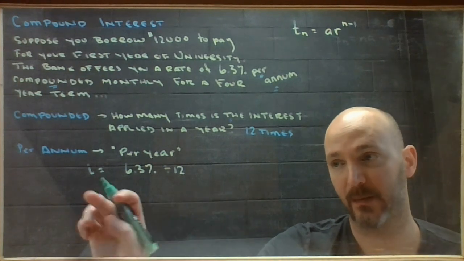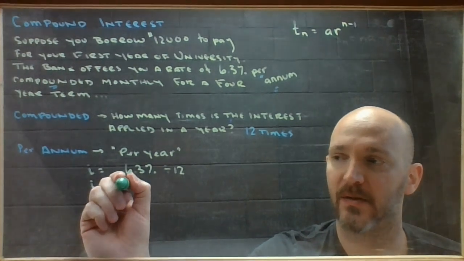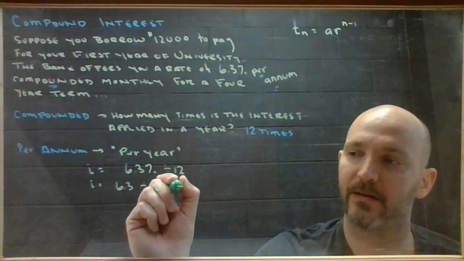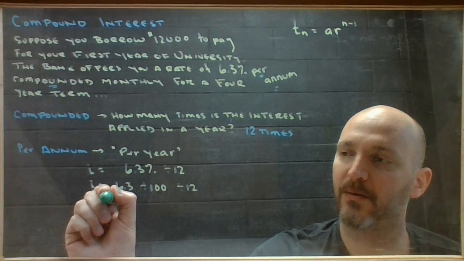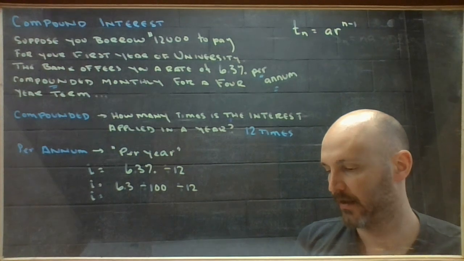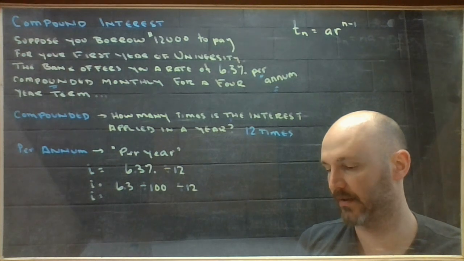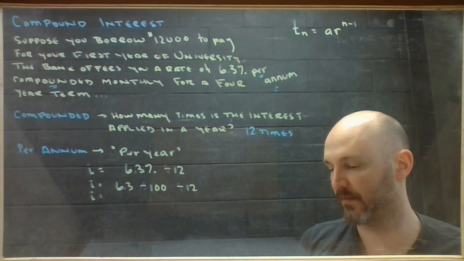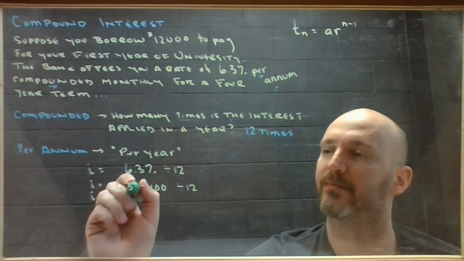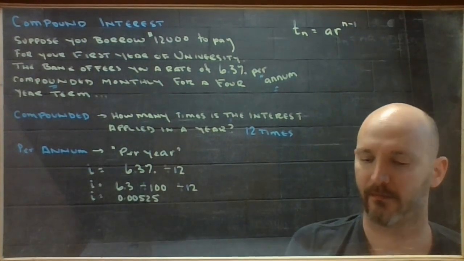So first thing we got here is a percentage sign. So 6.3% is just a fancy way of writing 1 over 100. So I'm going to have to take 6.3, divide it by 100, and then divide it by 12. Let's see. 6.3 divided by 100 divided by 12 gives me 0.00525 per month.